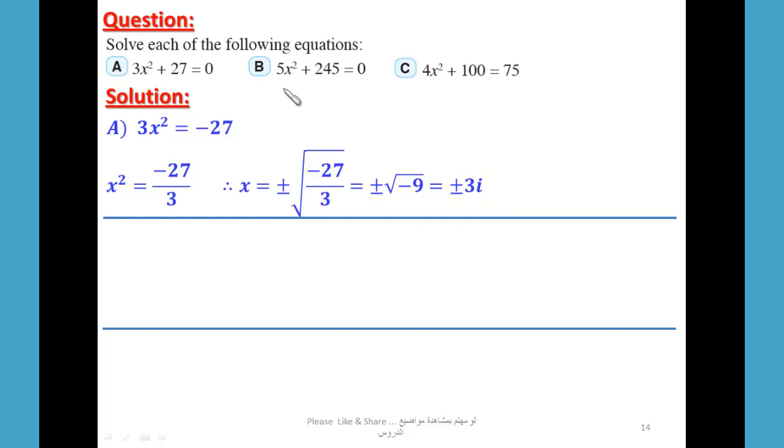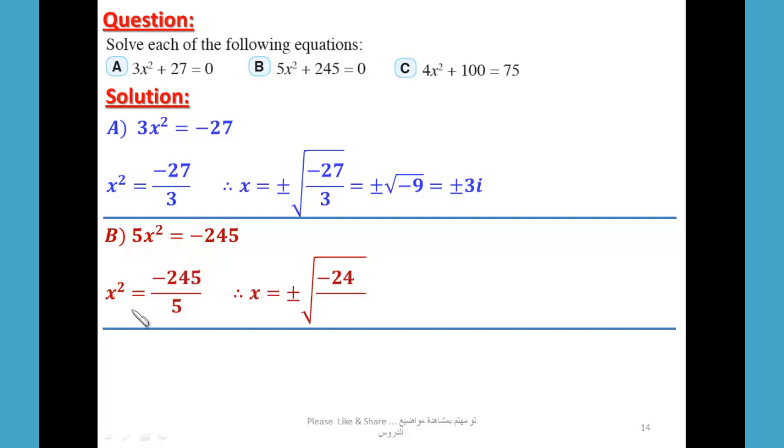B: 5x squared plus 245 equals 0. Then 5x squared equals negative 245. Dividing both sides by 5, we get x squared equals negative 245 over 5, and x equals positive or negative square root of negative 245 over 5.